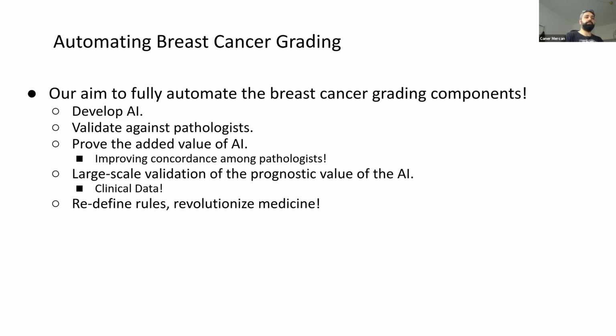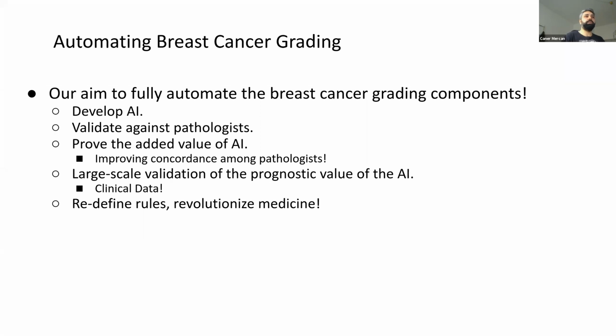We need to show that it's actually improving the agreement between pathologists. That's quite crucial. If they use this, for example, as a decision support system, if that's improving the concordance among pathologists, then of course it's an added value.